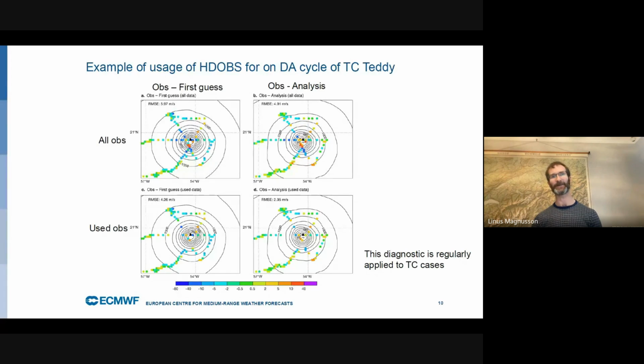Here where we have very bright colors, we have large arrows, which you see especially on the top. But many of these observations were then rejected by the data assimilation, which was in the area with the most intense wind. So it seems to be some problem to digest the data in the area with the most intense wind.